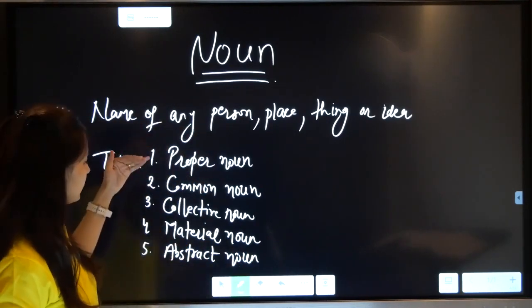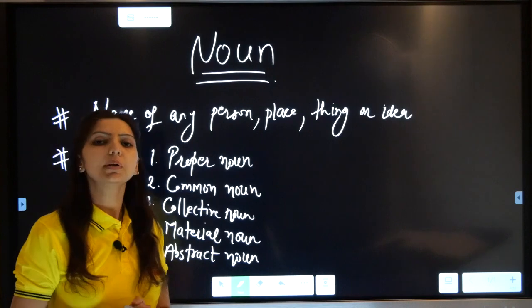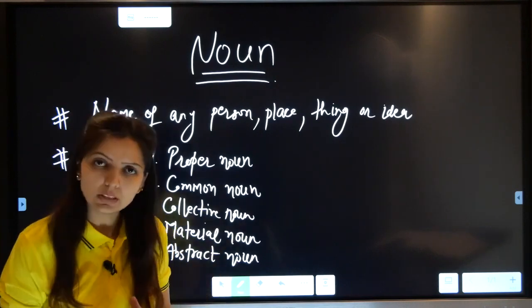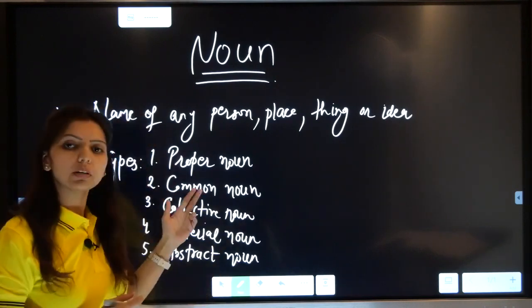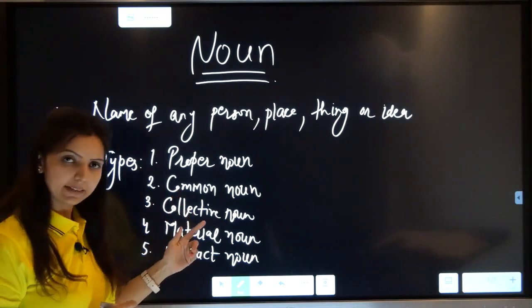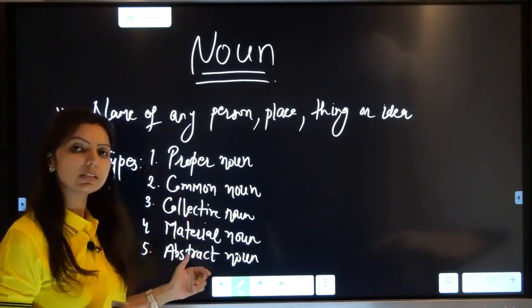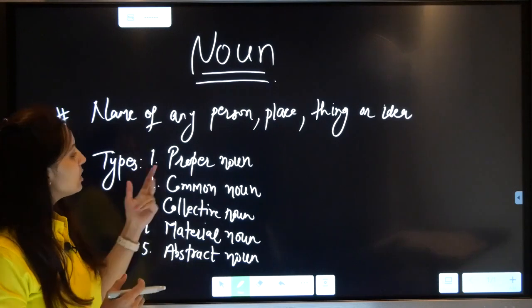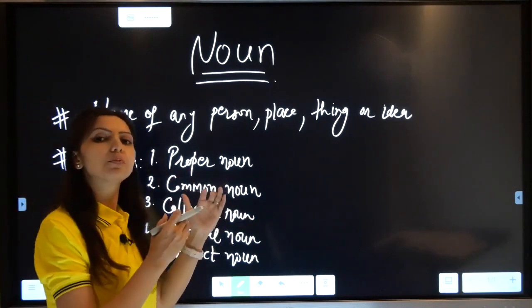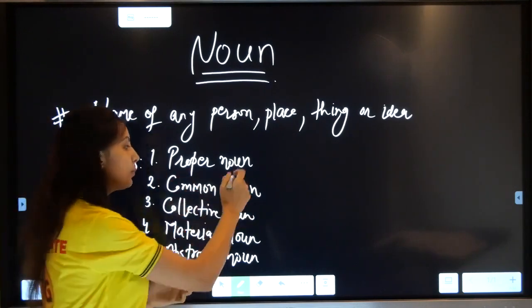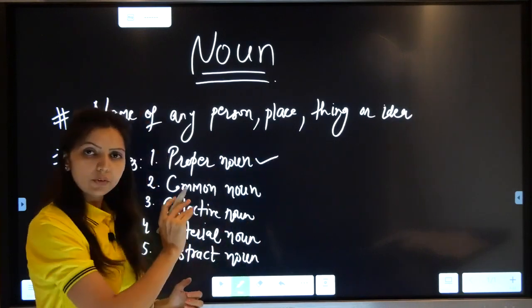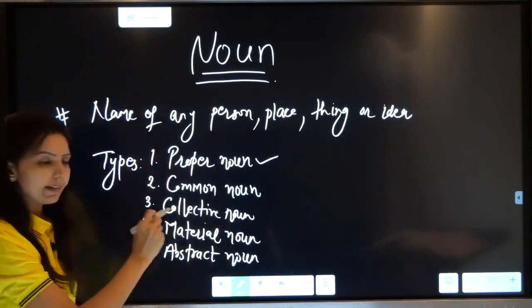So now these are different 5 categories in which we will be dividing all the names in the universe. Okay, first is proper noun, second is common noun, third is collective noun, fourth is material, fifth is abstract noun. So what is proper noun? Which type of names, which type of noun will be involved in this category?